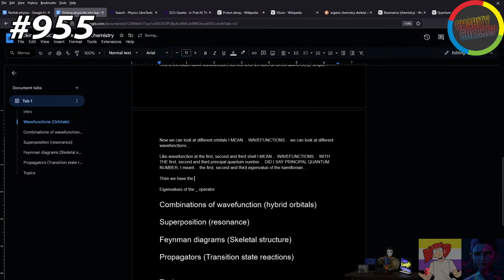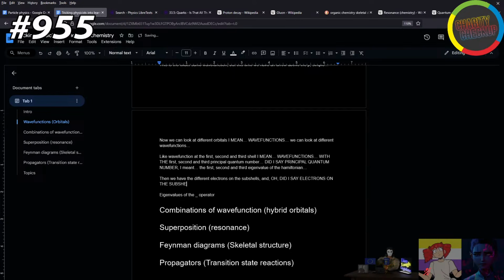Then we have the different electrons on the subshells, and like 5. No, wait. This will be the shell, right? So then the subshells, differentiated by the azimuthal quantum number.